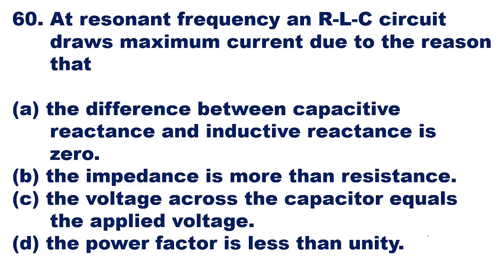So there will be only resistance in the circuit, and because there is minimum impedance in the circuit, the current which flows in the circuit will be maximum. So option A is the correct answer here.